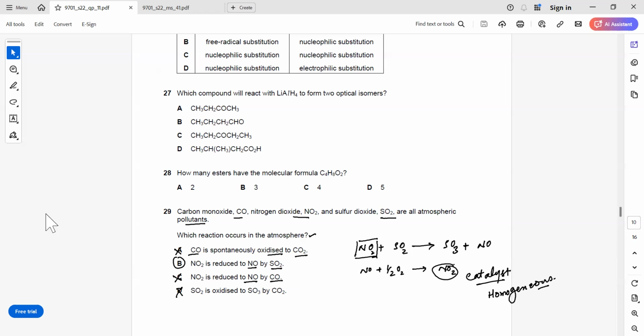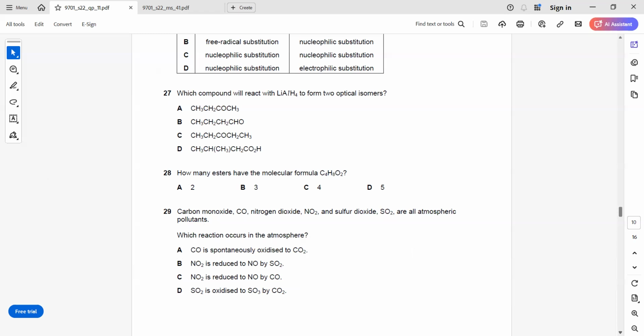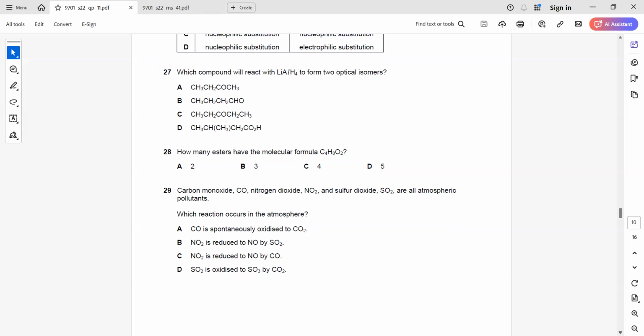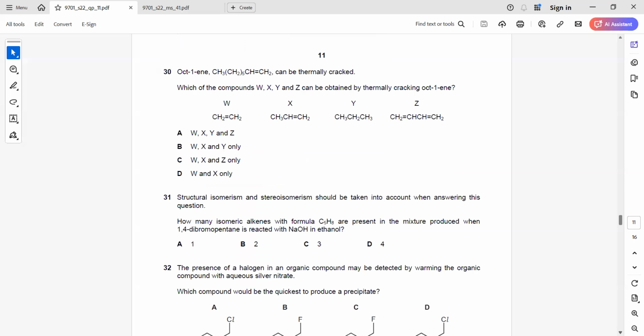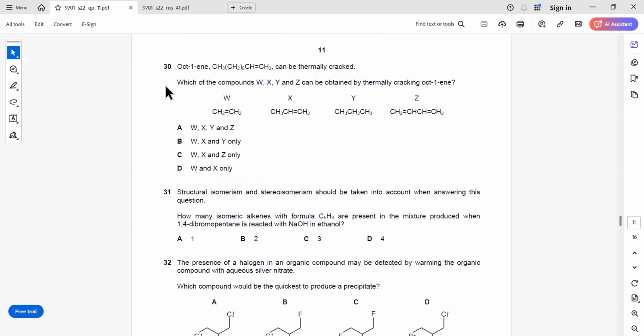Okay, let's see another question. Number 30. Now, in this question, they are saying oct-1-ene can be thermally cracked.